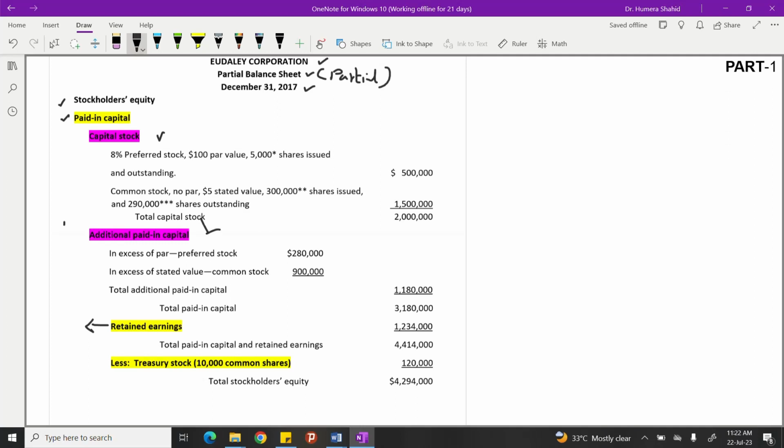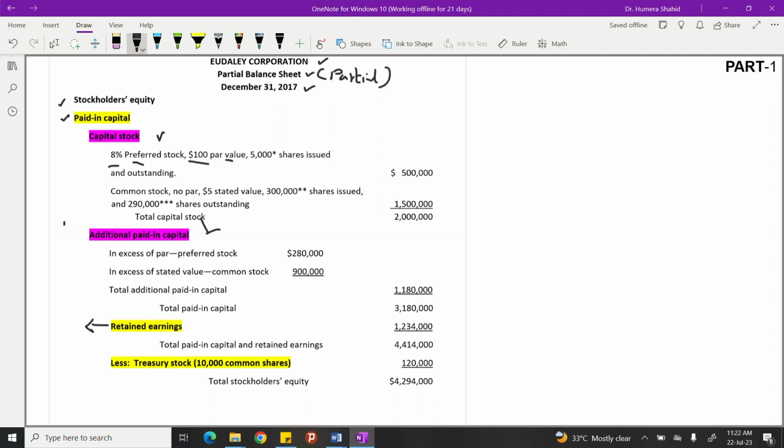In capital stock, mention the preferred stock first. So how do you mention it? 8% preferred stock, $100 par value. We are not given the information of authorized shares. If we had authorized shares, we would be writing them. But they did not provide any, so we'll be talking about issued and outstanding shares.